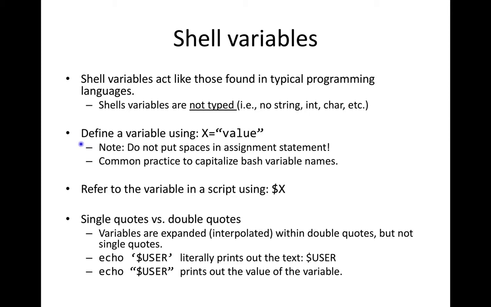To define a variable in a shell script, we use this particular syntax here, where we have x equals some sort of value, where x is the name of the variable and value is the value that we want to associate with that variable name. Notice here that there are no spaces between the x and the equals character or the equals and the value.